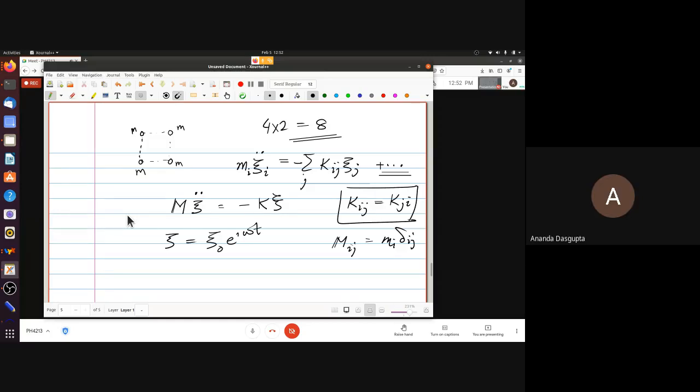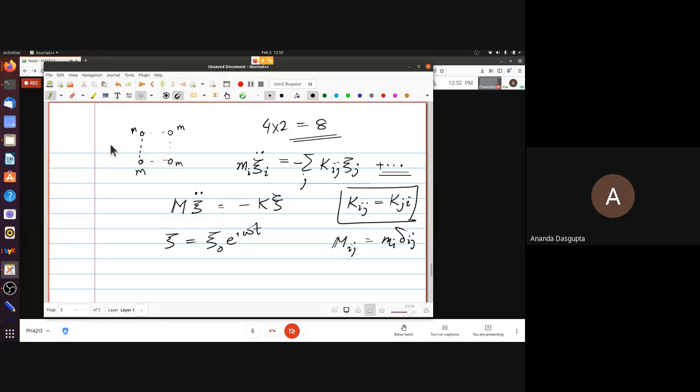The real issue is it so happens that you should be able to change your variables to a new set of variables by doing some kind of linear transformation such that the coupled equations that you have here, where xi1 double dot is related to k, xi1, xi2, xi3, all of them, you could go over to a new set of coordinates in which this equation becomes decoupled.